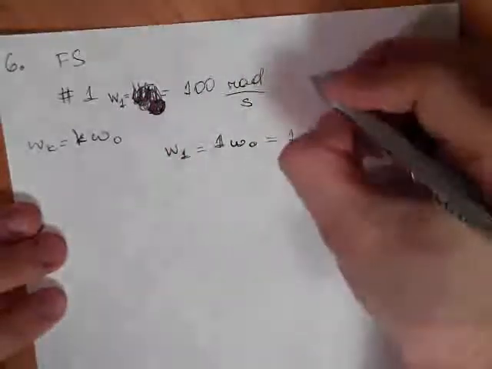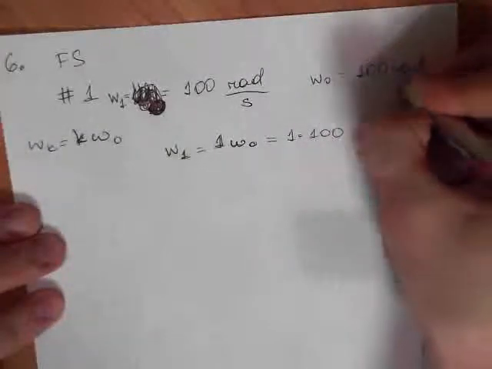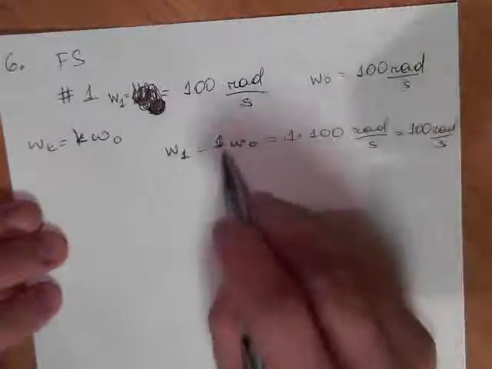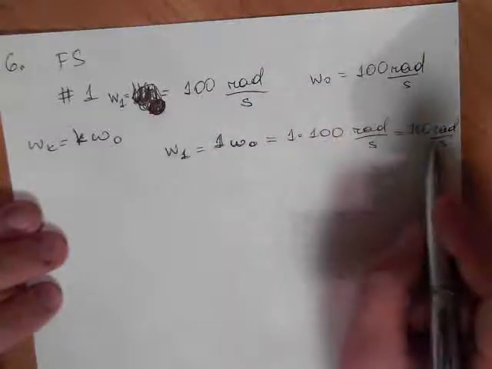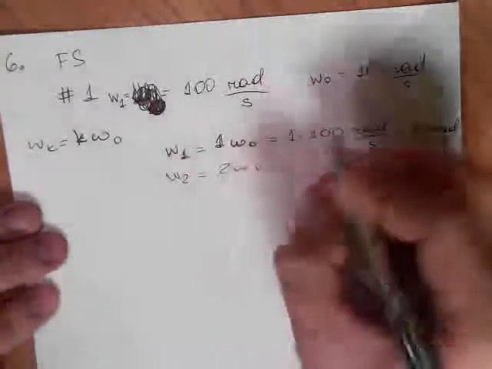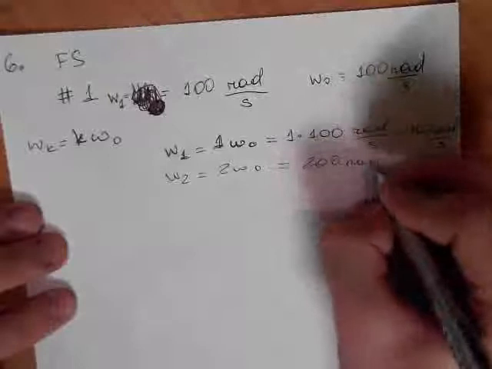So it means that omega 0 here is also 100 radians per second, as you may understand from this equation. So 1 times omega 0 is 100. And 2 is 2 times omega 0, which is 200 radians per second.